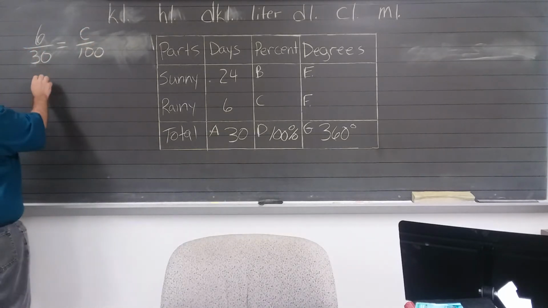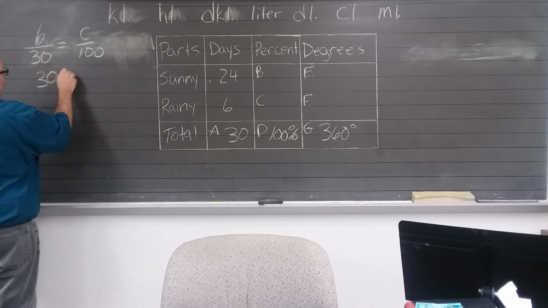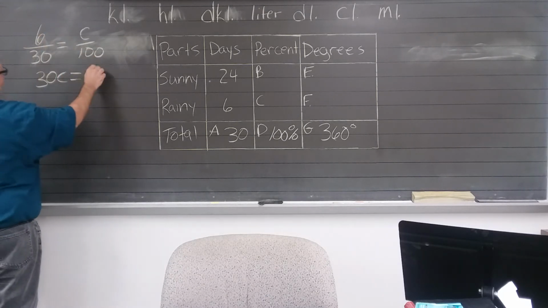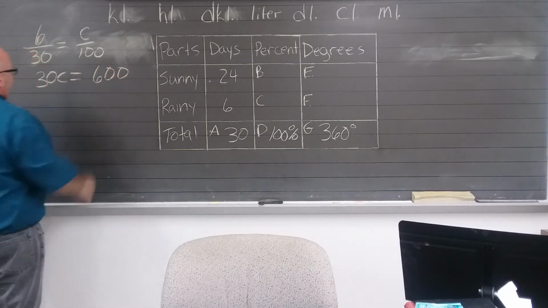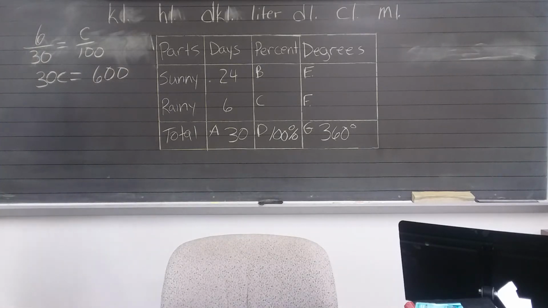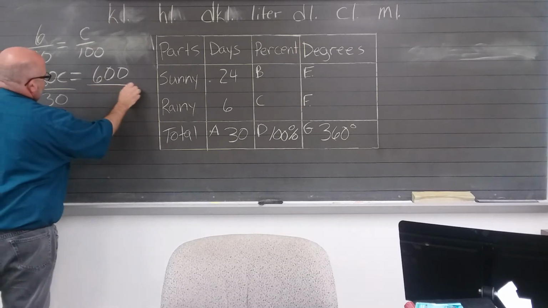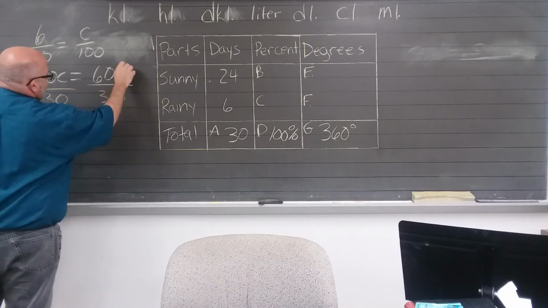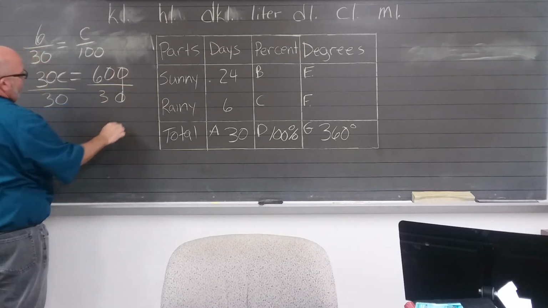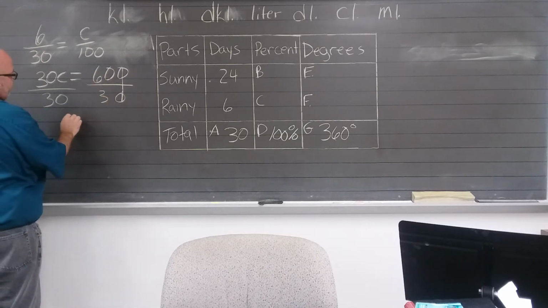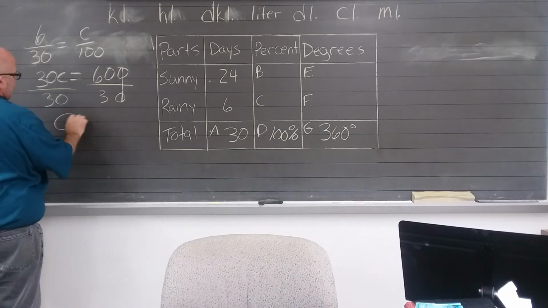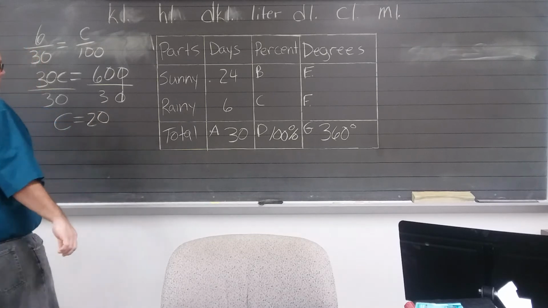So your equation is 30 C equals 100 times 6, 600. Right? 600 divided by 30. Hack a 0 off. 3 into 60 is 20. C equals 20. Right?